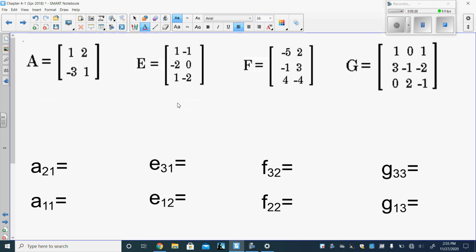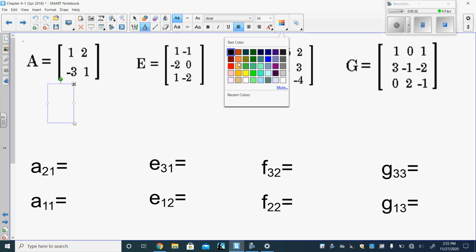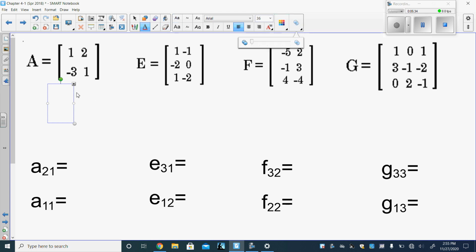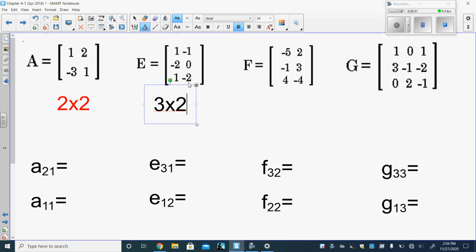So we'll do some more examples. Let's look at the dimensions of each one of these matrices first. Matrix A has 2 rows and 2 columns, so it's a 2 by 2. Matrix E has 3 rows and 2 columns, so this would be a 3 by 2.